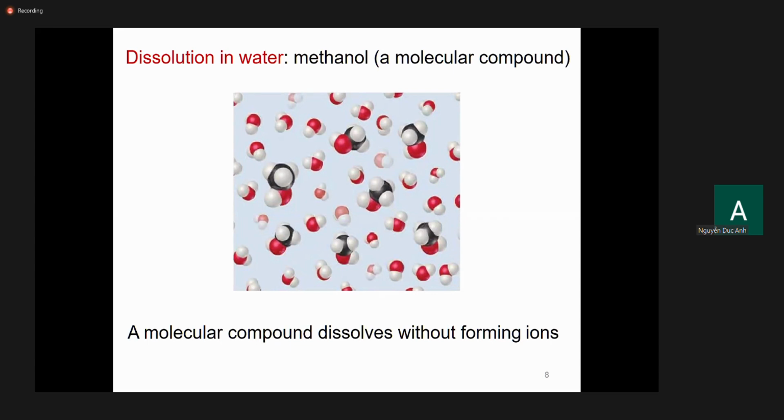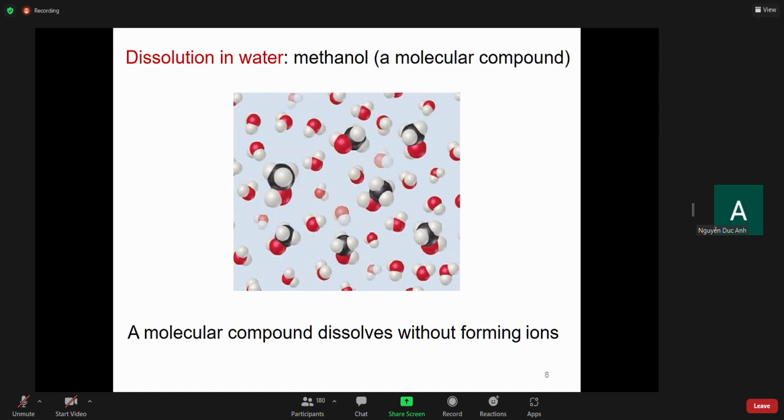Ionic compounds normally generate ions and become an electrolyte in solution. But when you put some methanol, ethanol, or acetone in water, they are molecular compounds. A molecular compound, when dissolved in water, cannot form ions.